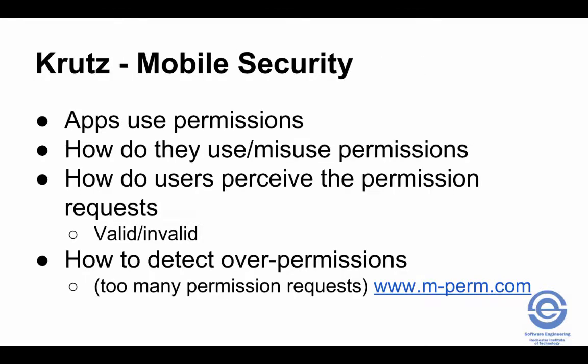As far as mobile security goes, I primarily focus on how apps use permissions. Now, whether or not you have an Android phone or Apple phone, I'm sure one thing you've noticed is that different apps request different permissions. Sometimes these apps may request permissions appropriately, and sometimes these apps may request permissions incorrectly.